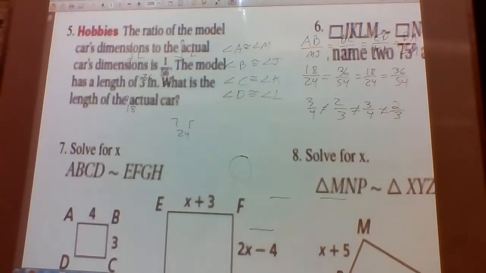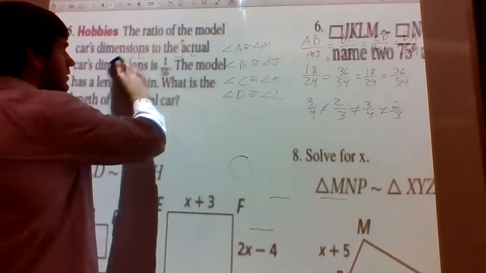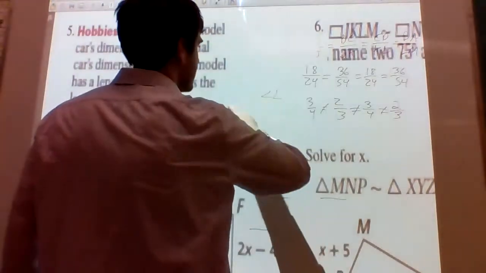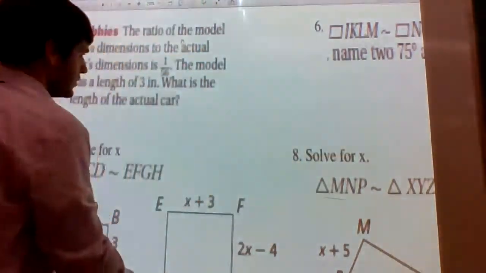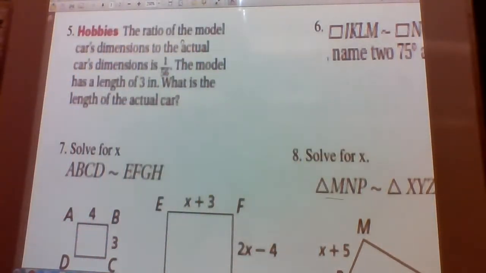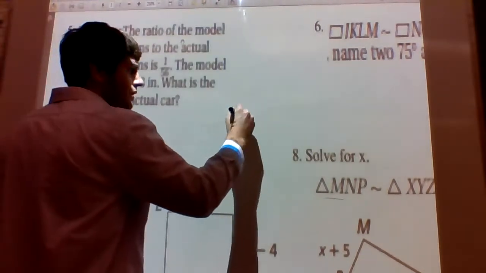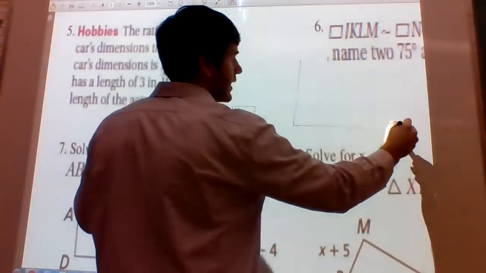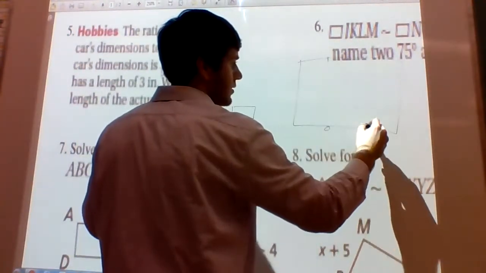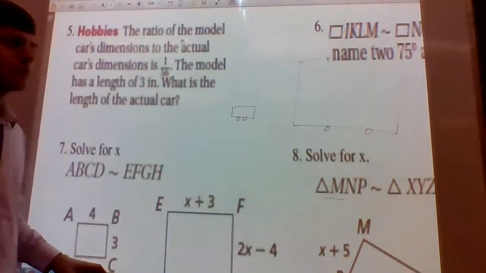Number 5. The question says the ratio of the model car's dimensions to the actual car's dimensions is 1 over 56. The model has a length of 3 inches. What is the length of the actual car? So here's our model car, and here's the actual car.